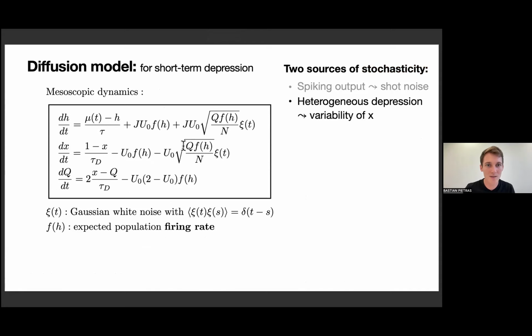And as you see, the only term where we have the noise is shaped by q and also by f of h. So we have some kind of multiplicative noise that shapes the dynamics.